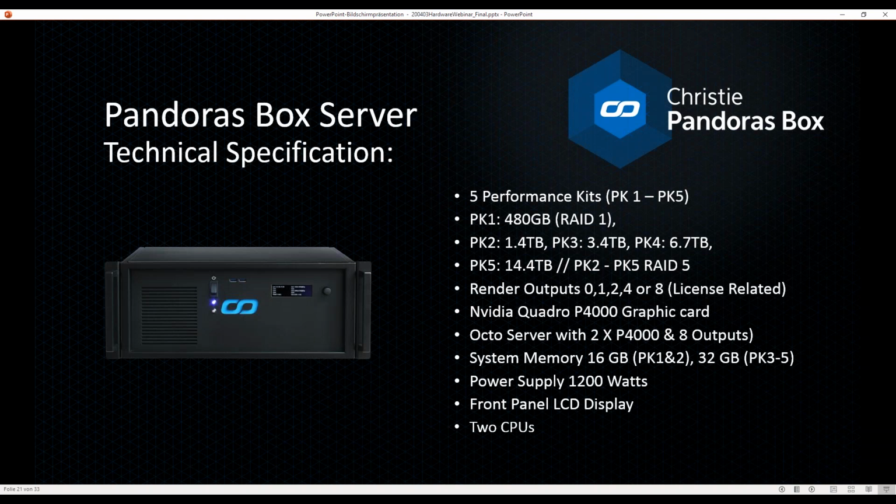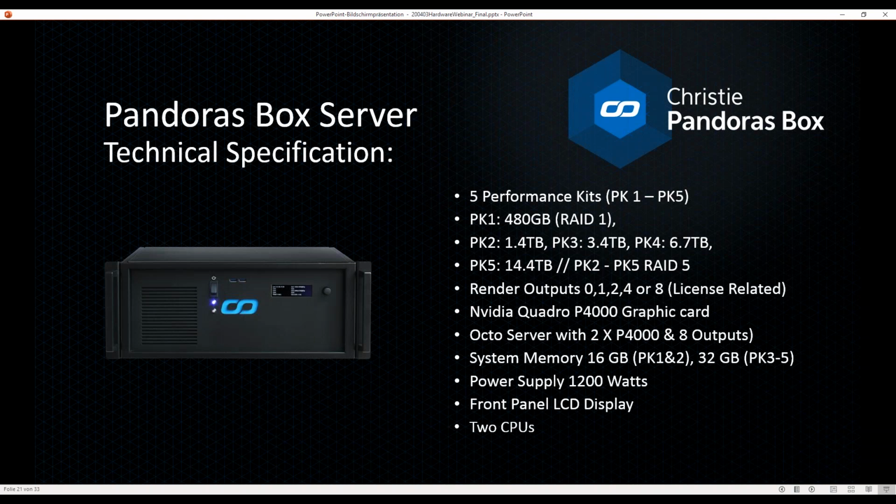Like in the player as well, PK2 to 5 can have RAID 5 arrays, and you can have outputs from 0 to 1 to 2 to 4, and there is an octo server which has two P4000 and the SIM card. So we are using the P4000 graphic cards from NVIDIA again.